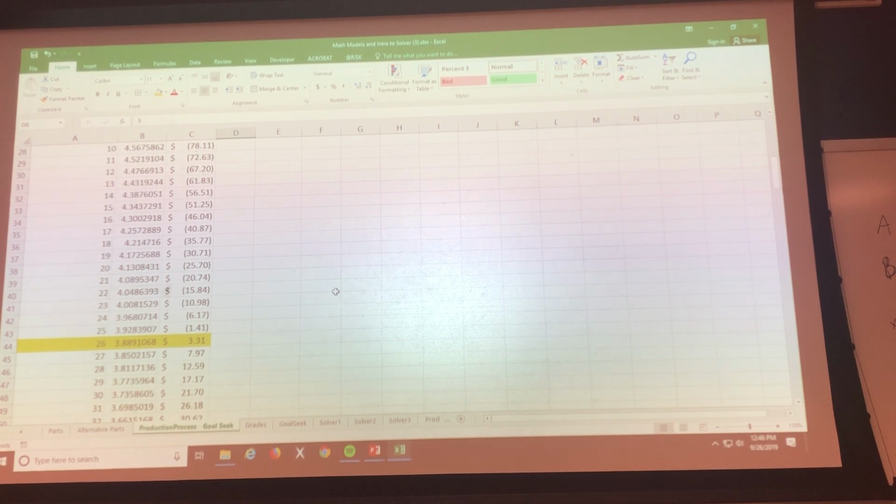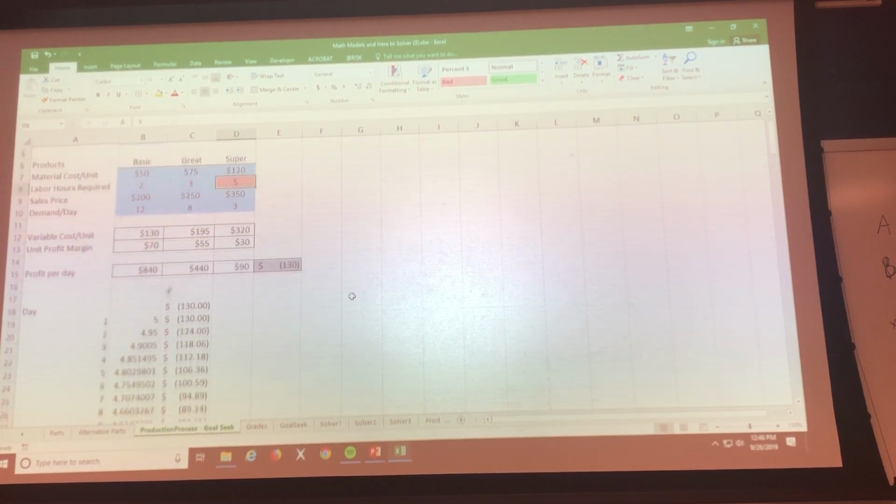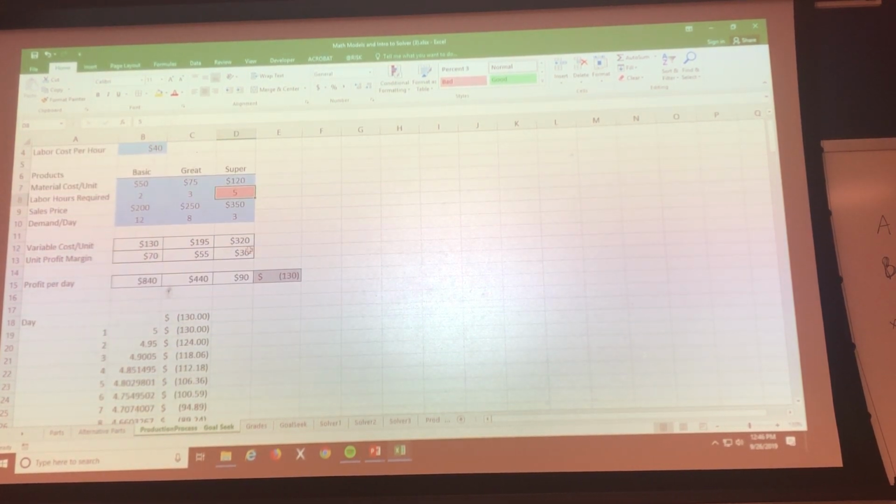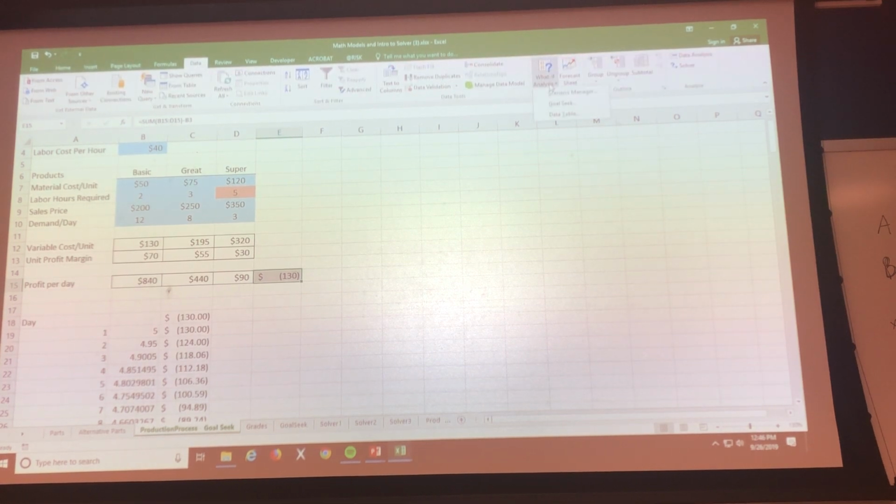I don't know exactly what it is, but the better way to answer that question would have been to do a goal seek on this. Go in, and in your cell E15, do a data what-if goal seek, force that to 0, that's break even, by changing how much time it takes them to produce the super widget in D8.